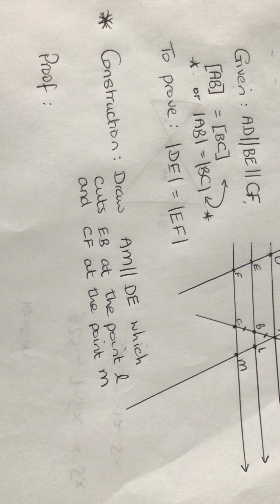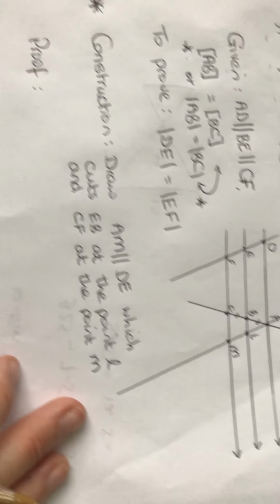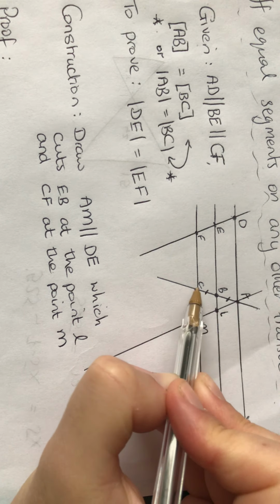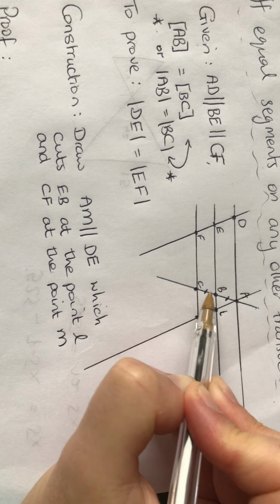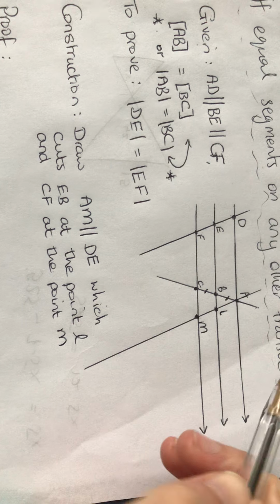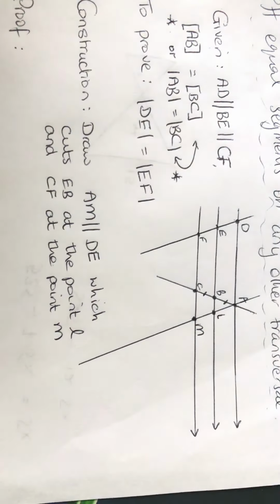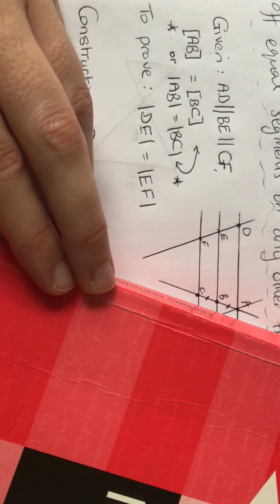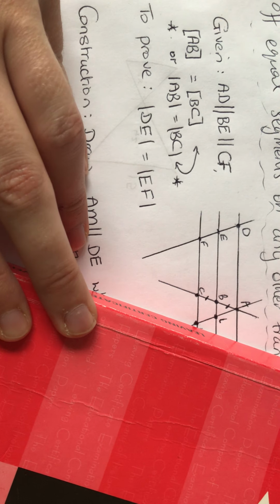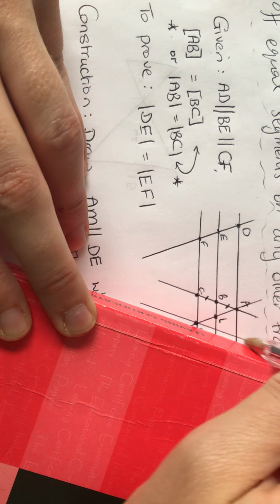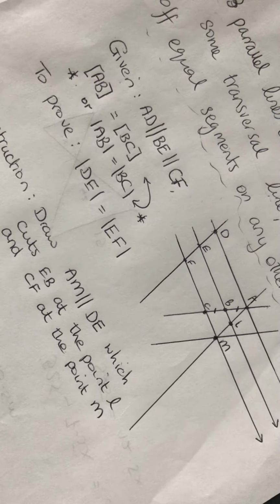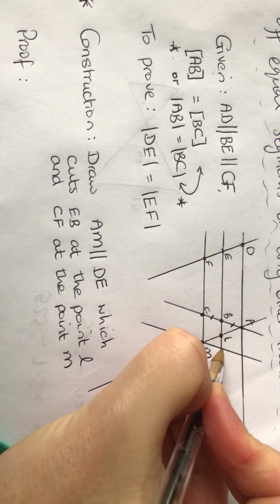Okay. I think then if we draw in another parallel line, except this one's going to be parallel to this one and it's going to go through M. Now that's going to create more points.